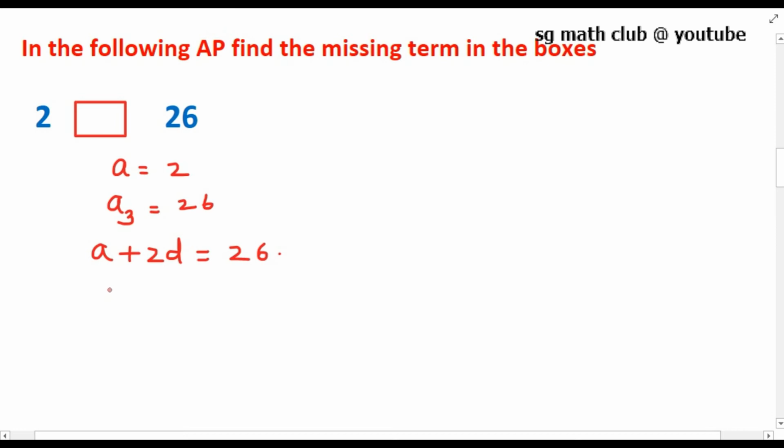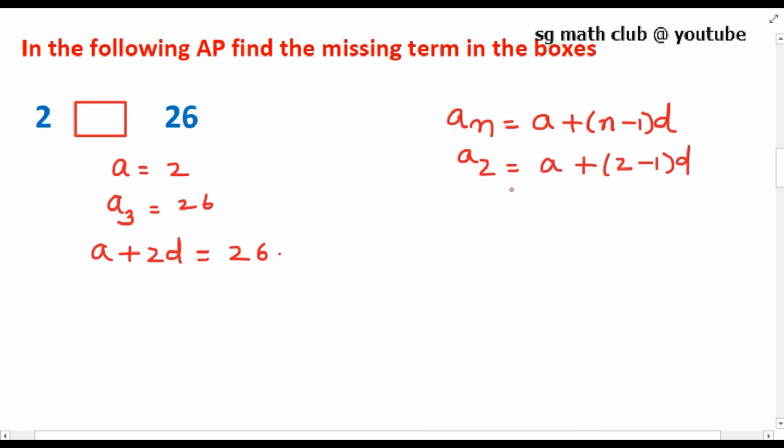Now we need to find the second term, and the general formula is a_n equal to a plus (n minus 1) into d. So the second term will be a plus (2 minus 1) into d, or a plus d. So now I need to find d, then only I can write the second term.